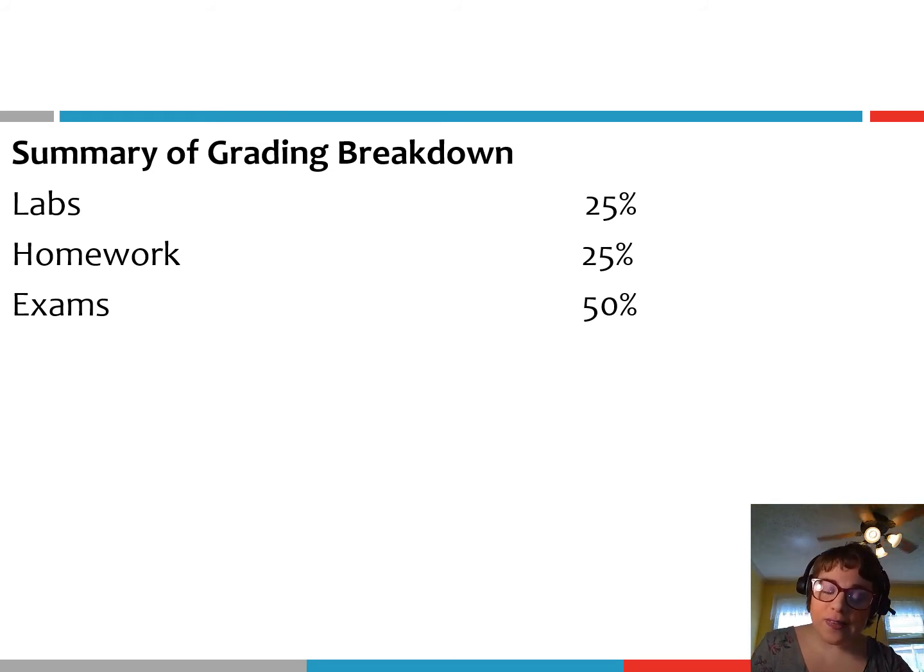So we'll have labs. You will receive a grade for labs, and those are worth 25%. The same with your homework is also 25%. And we will have an open note, open book exam. We'll have a midterm exam and a final exam.